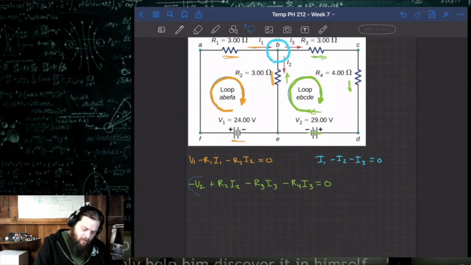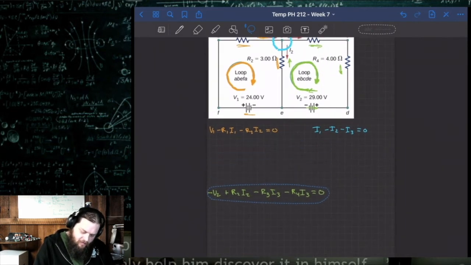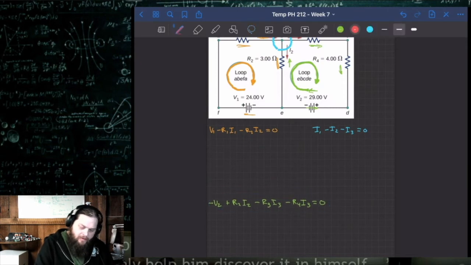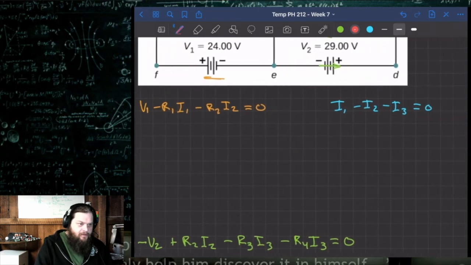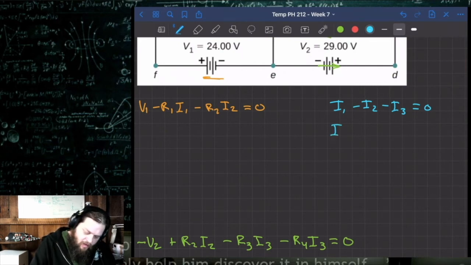Move that equation down now that we've written it. Give us a little bit of space to work. And we can start plugging in some values. So first, let's solve for one of the currents. In this case, I'm going to solve for I1. So I1 is equal to I2 plus I3.